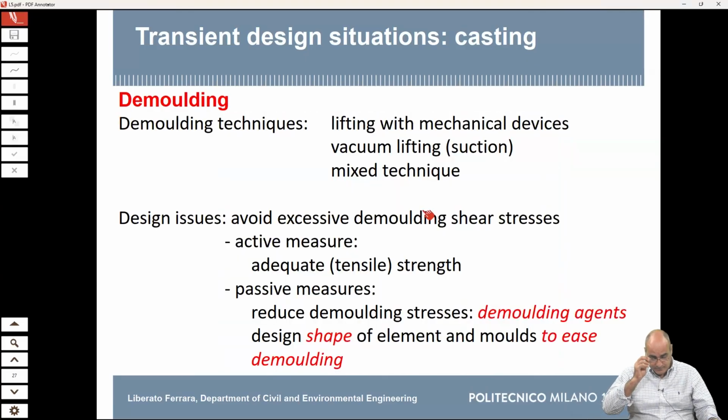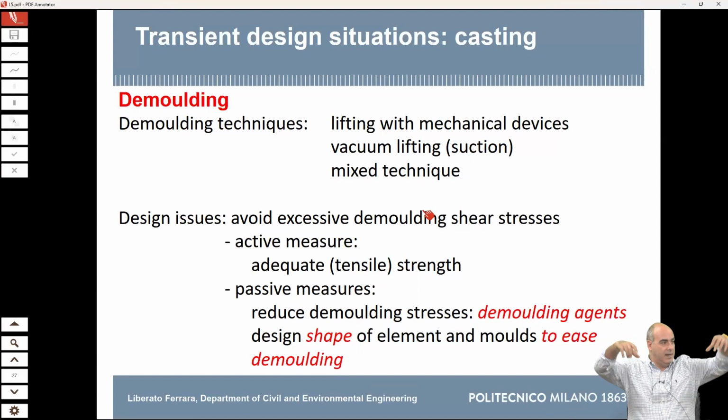Which are the stresses that we have to resist when we demold an element, and for which the element has to be designed? Well, there is a situation in which the element has already been demolded and it's there floating in the air, and we have said we design it for the self-weight, for the dead load amplified by a dynamic amplification factor.